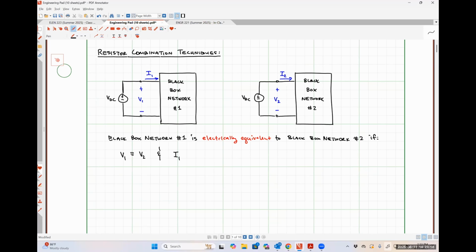The current entering the terminals of black box network number 1 must be exactly equal to the current entering black box network number 2. Okay.